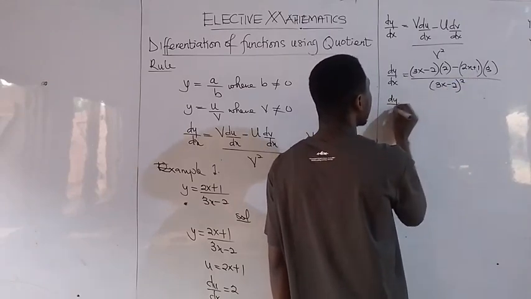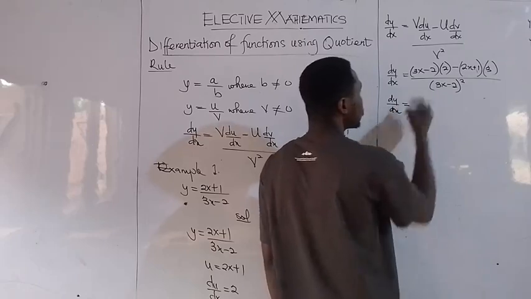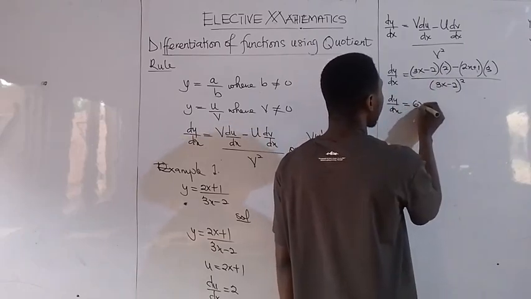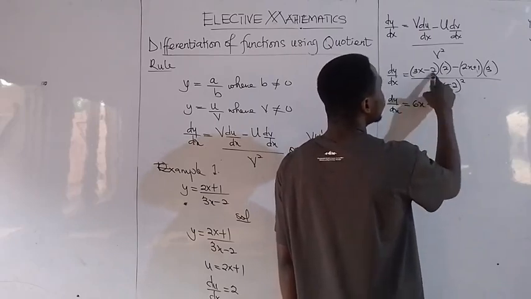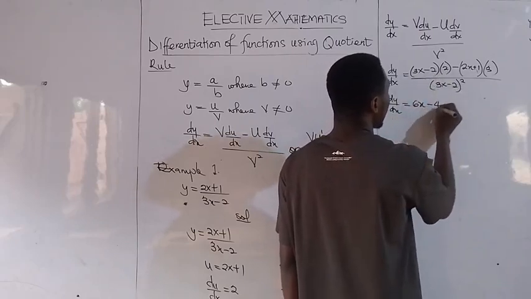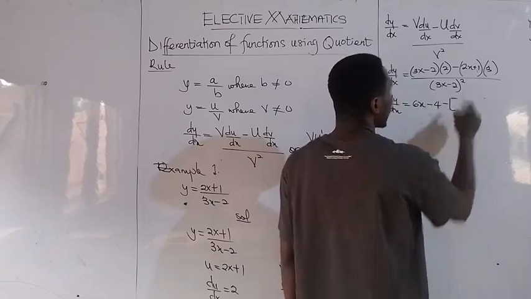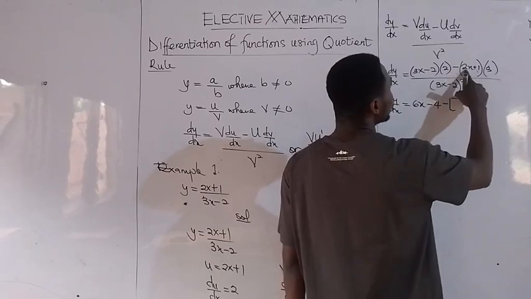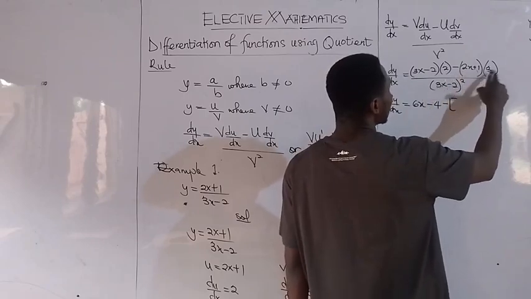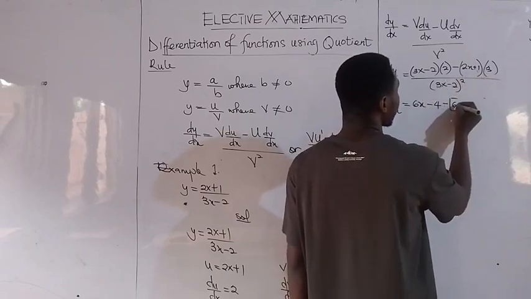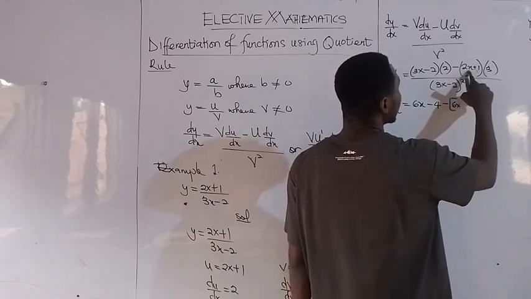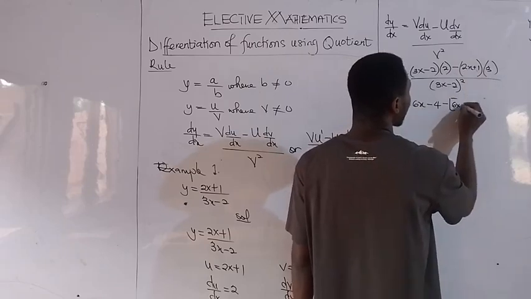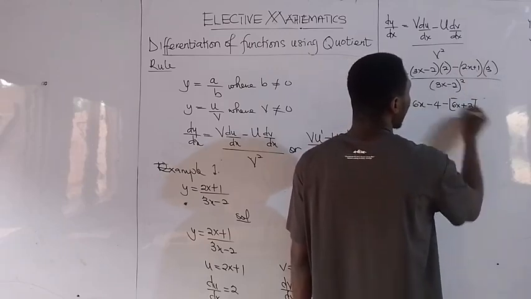So we move forward. Our dy dx now is equal to, we expand. 3x will multiply 2, we have 6x. Minus 2 will multiply this, we have 4. Then minus, open a bracket because this negative is affecting everything here. So 2x multiplied by 3 will give us 6x. Then 1 multiplied by 3 will give us 3.